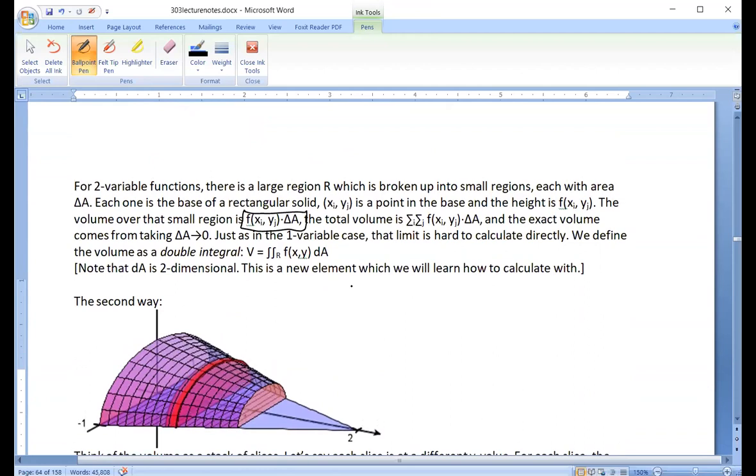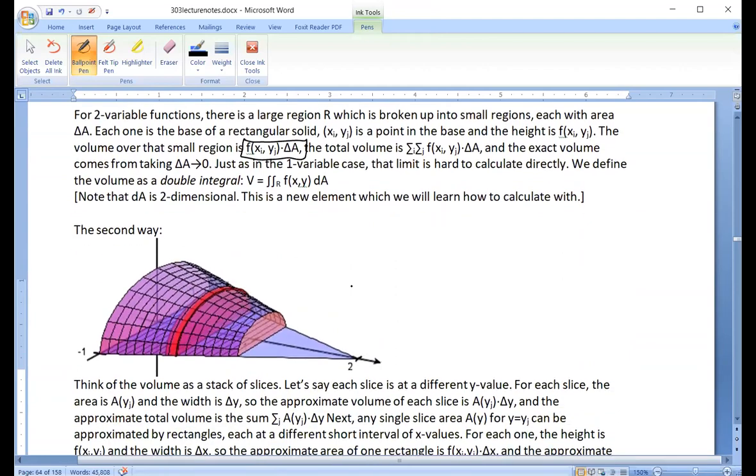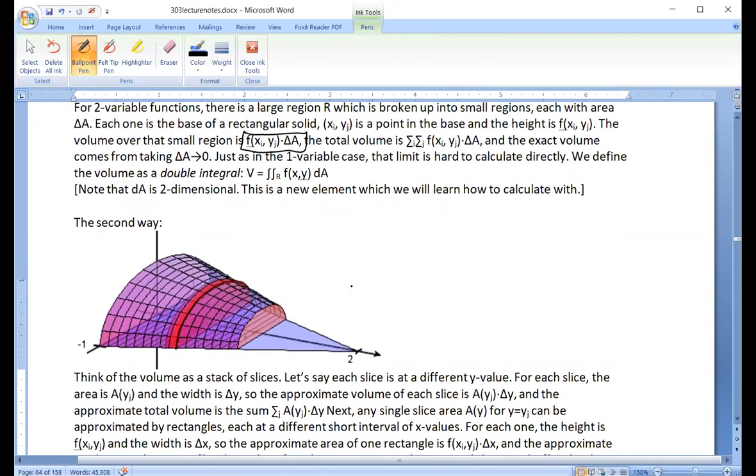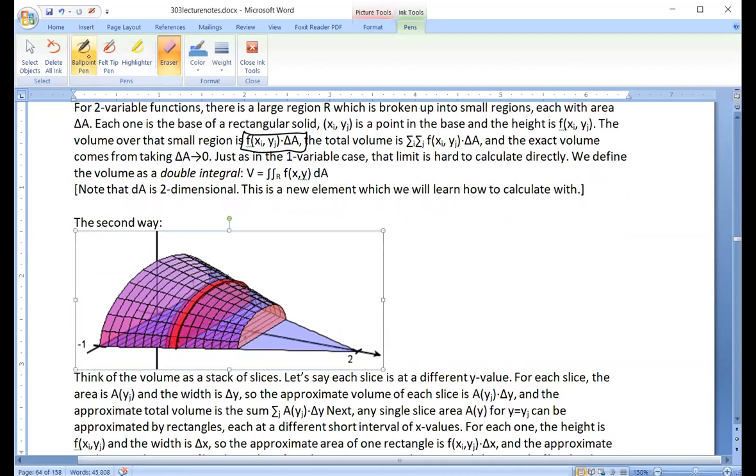So here's a different graph and a different volume we want to break up. Let's think of the volume that we want to find as a stack of slices, each slice at a different y value.